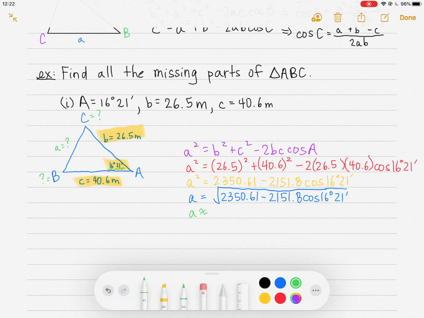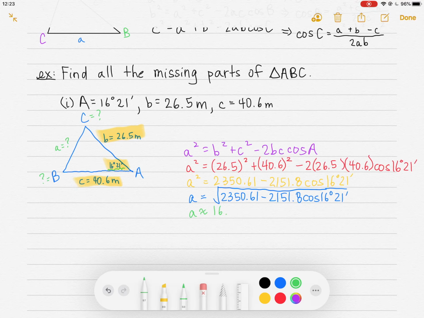So 2350.61 minus 2151.8 cosine of 16 degrees, 21 minutes, and hit equals, and it tells me that my little a is approximately 16.9.